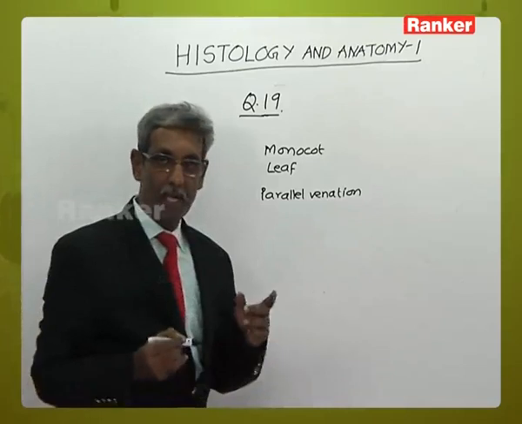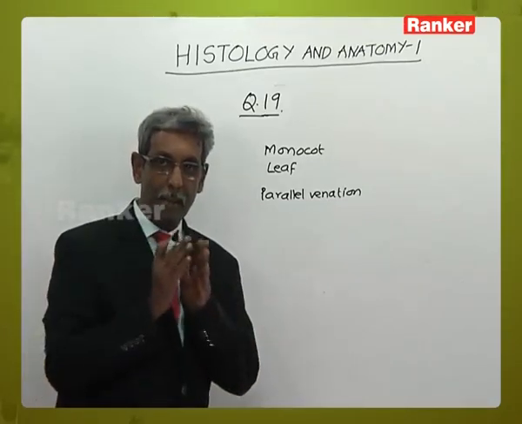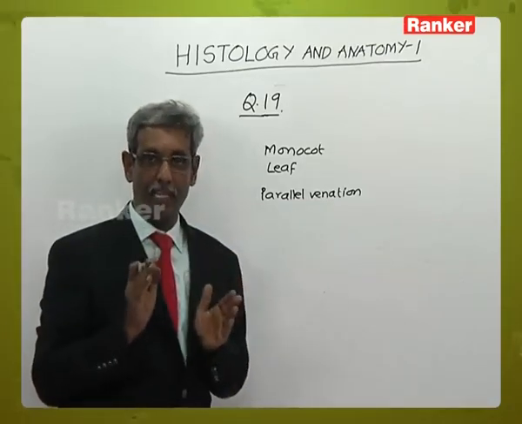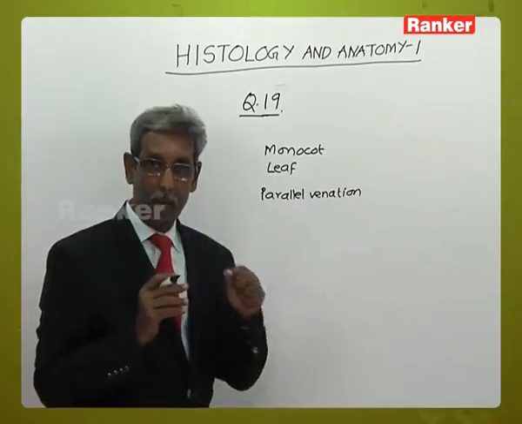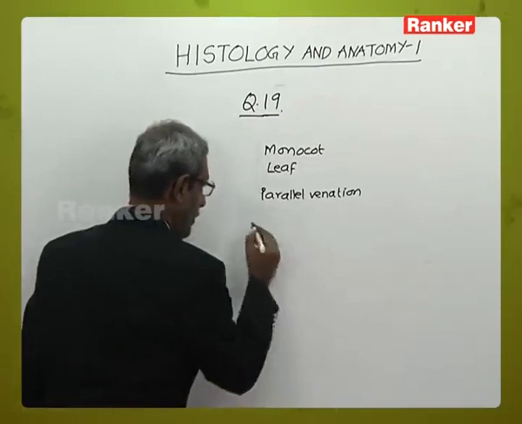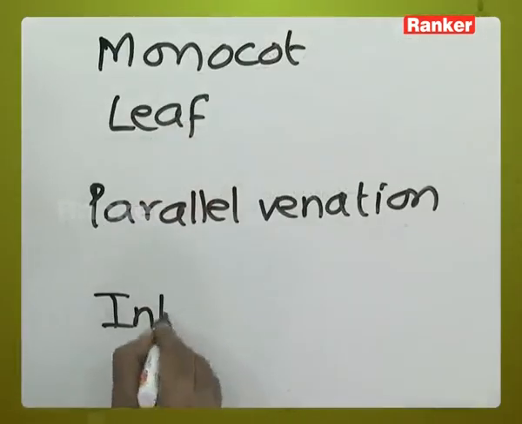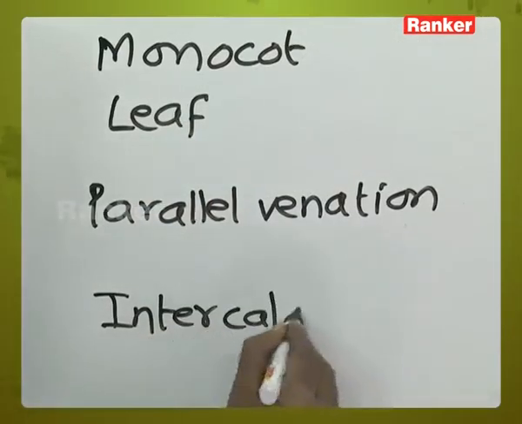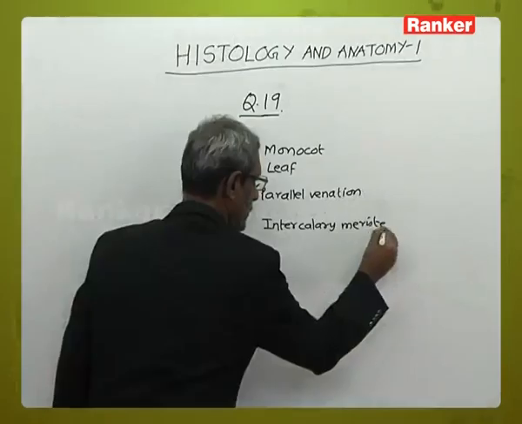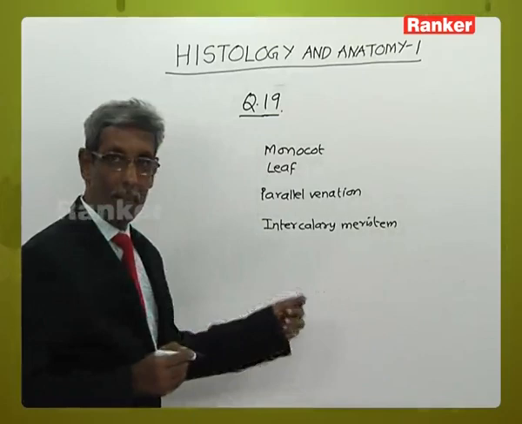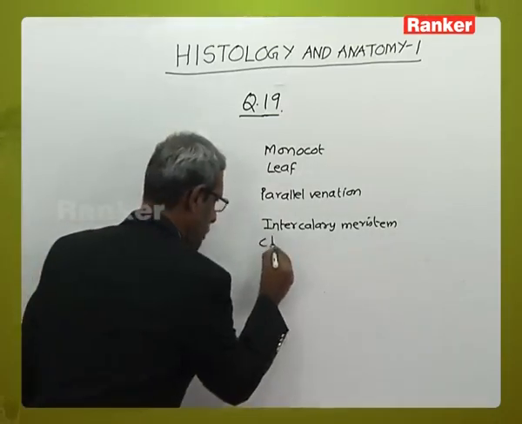The parallel venation is because the xylem and the phloem do not segregate, and wherever we have parallel venation, each one is an example of an intercalary meristem. That is, a meristem is formed between tissues.